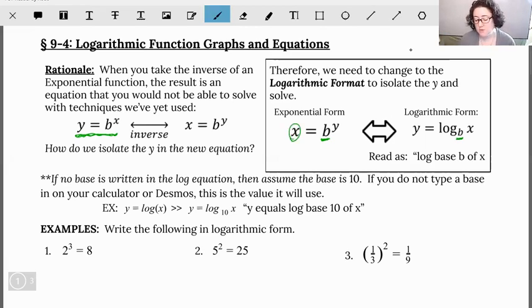So the way I like to think of it is for logarithms, this is really b raised to the y, and then the x, what it equaled before.